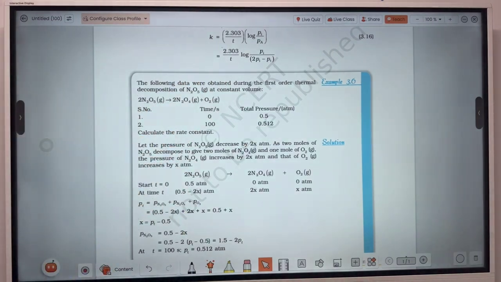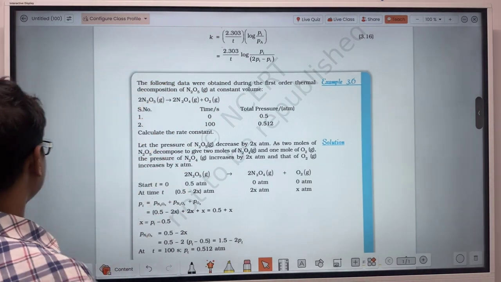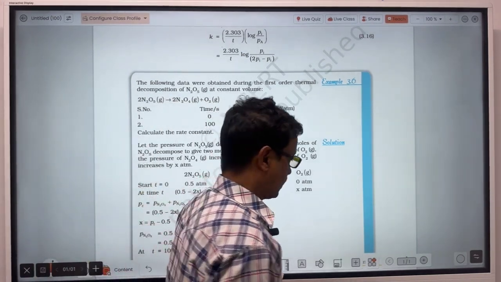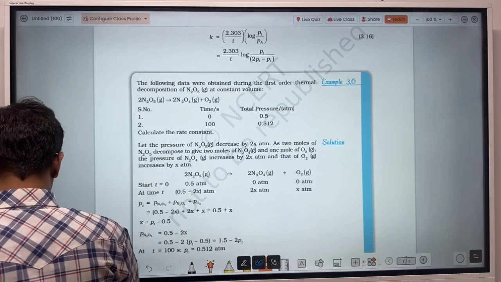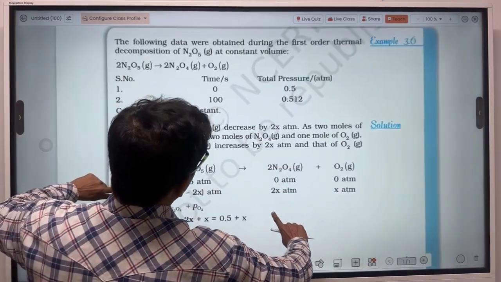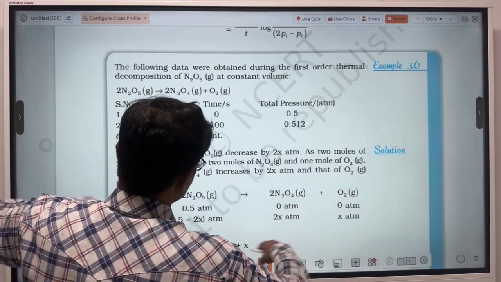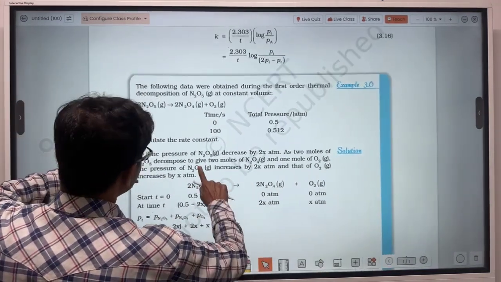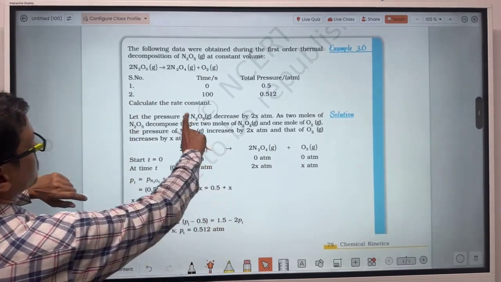Firstly, how to solve this question? But if you are considering the IIT main, then you should know how to derive the equation, how I have derived that equation. Okay, let's see the question.